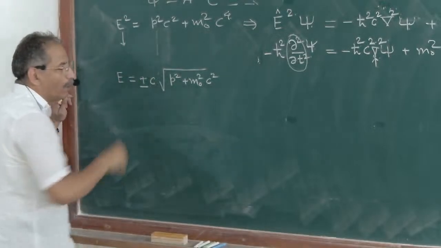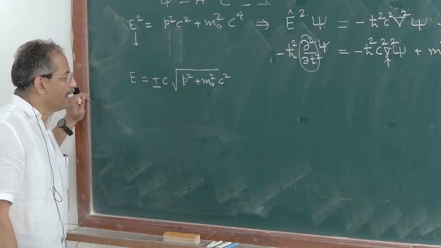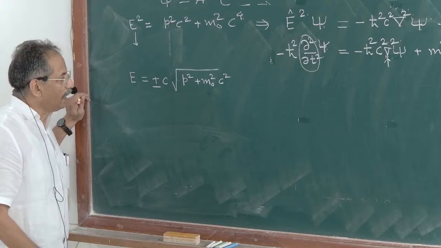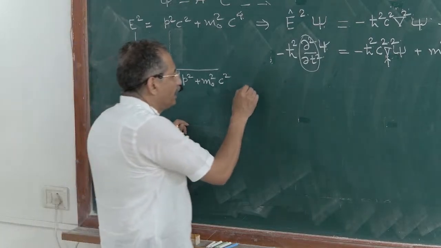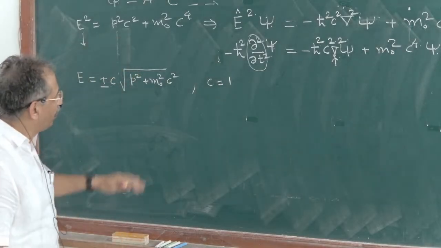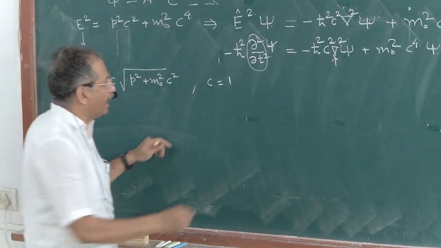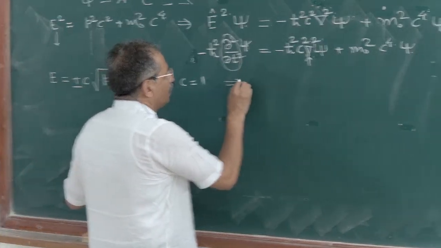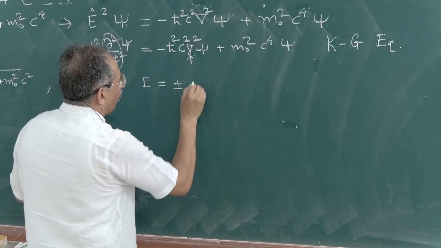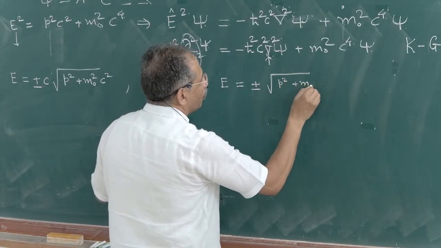One c I am taking common, and when it comes out of the root, it will be simply c. Now, to avoid complexity of the equation, I shall set a coordinate system in which c is equal to 1. We are preferring units where c is unity, and under that situation, our equation will be E equal to plus minus under root of p square plus m0 square.